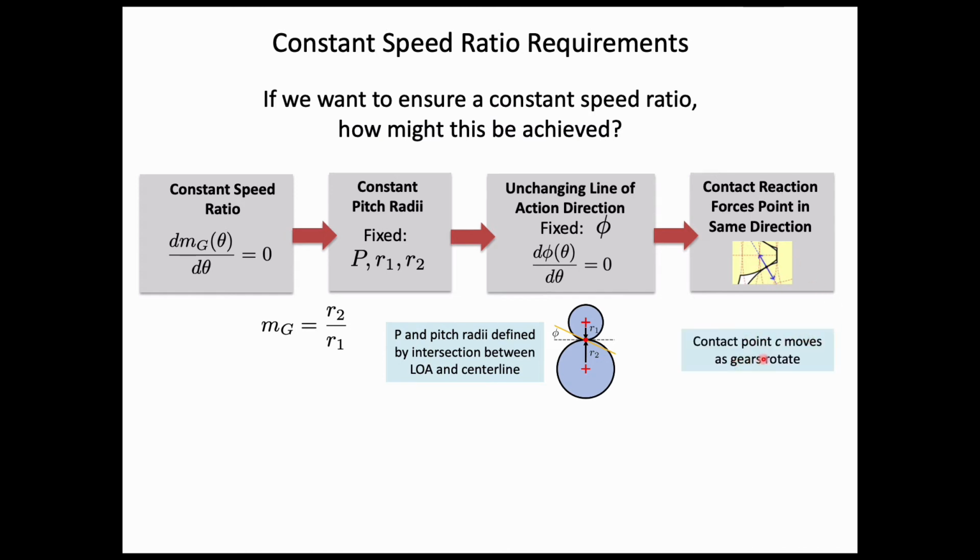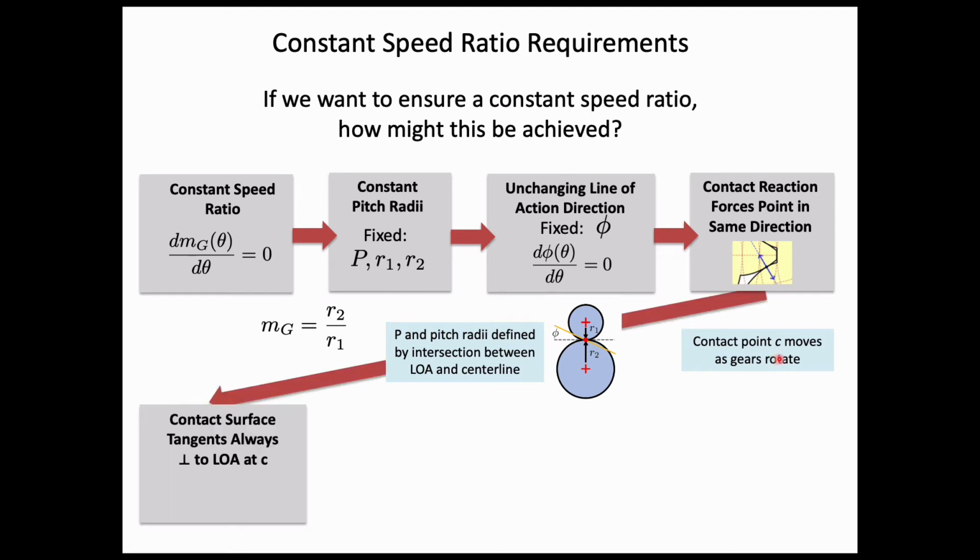Even though contact point C moves as gears rotate, the forces are always pointing in the same direction. And we can achieve this by ensuring that the contact surface tangents are always perpendicular to the line of action at the contact point. So this is another way of describing in geometric terms the requirement of having a constant speed ratio. And so then the challenge becomes, how do we find a shape that achieves this?